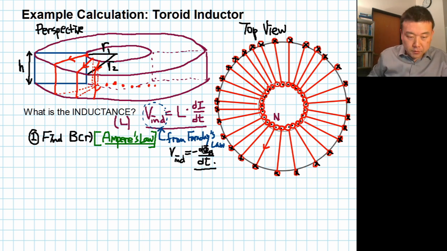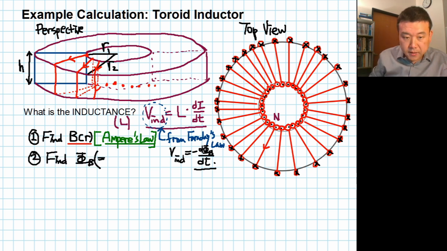And the second part of the question is that once we have an expression for the magnetic field, then we are going to calculate the magnetic flux, which can be expressed as the area integral of B dot dA.